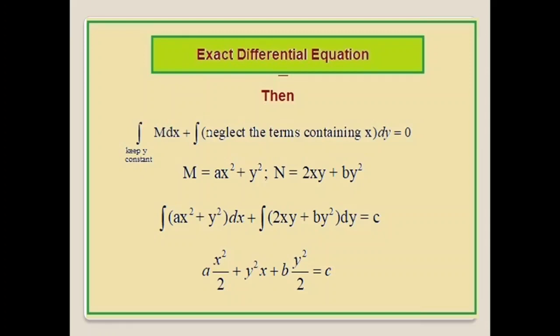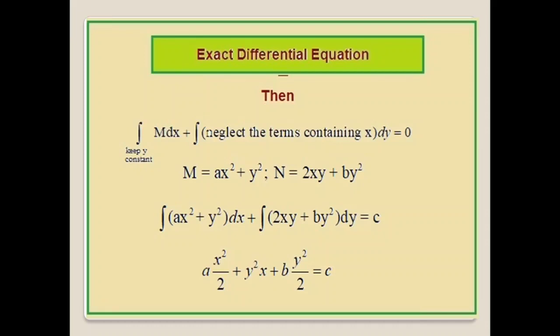So you can see in this, suppose we have M is equal to ax square plus y square and N is equal to 2xy plus by square. So put the values of M and N into the above equation. We will get integration of (ax square plus y square) dx plus integration of (2xy plus by square) dy is equal to c.